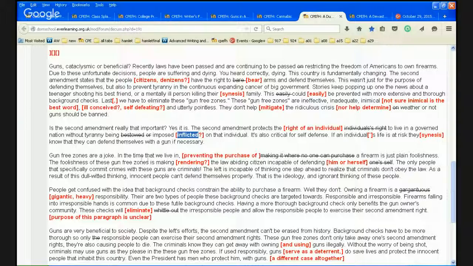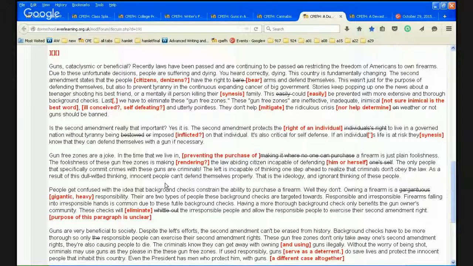Okay, gun-free zones is a joke. In the time that we live in, that's a little awkward. Got too many ins there. The time in which we live, making it where no one can purchase a firearm. Now, do you see why that one doesn't work?